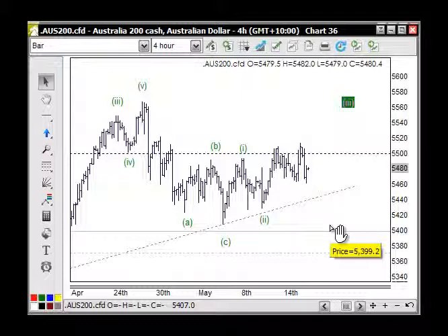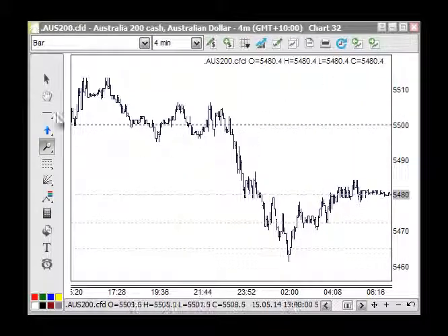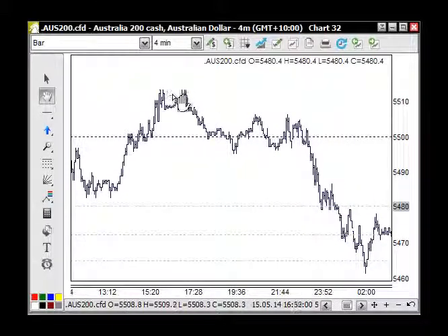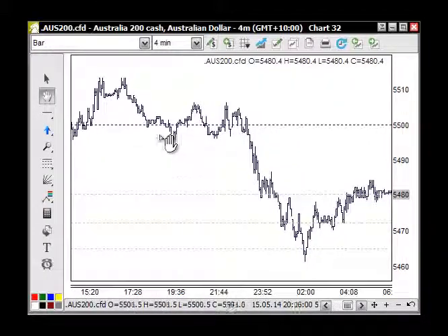Some important points here: this particular low, the little pattern that we've been looking at on the other markets, and this is it here on a 4-minute chart. From this high up here at 511, the move down so far is down for 5 waves, and then this could be done as an A, a B and a C wave through to here, and if that's the case, then we'll move up from there.